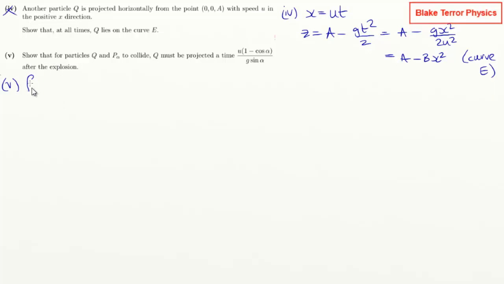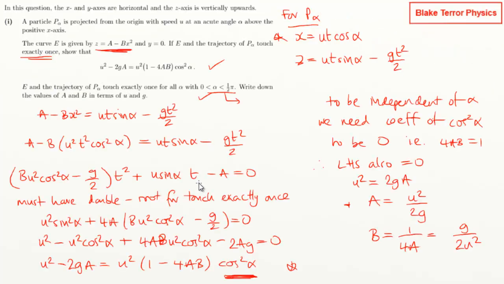So let's go back to part 1, because this is clearly coming from this. We had an equation that we used. Which one am I thinking of? Probably this one.